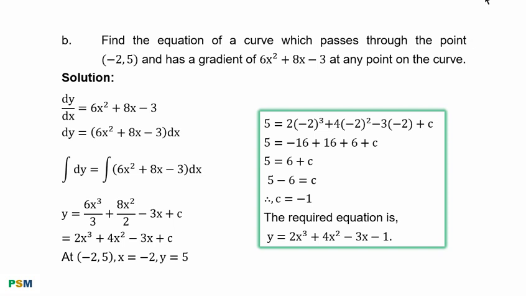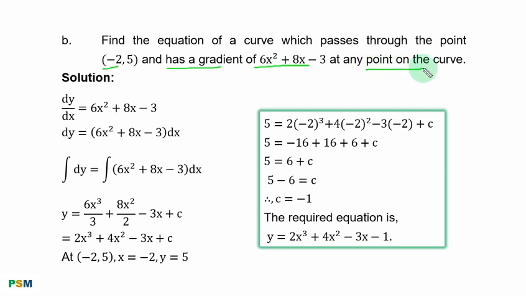Question 8b. Find the equation of a curve which passes through the point minus 2, 5 and has a gradient of 6s squared plus 8s minus 3 at any point on the curve. Solution.